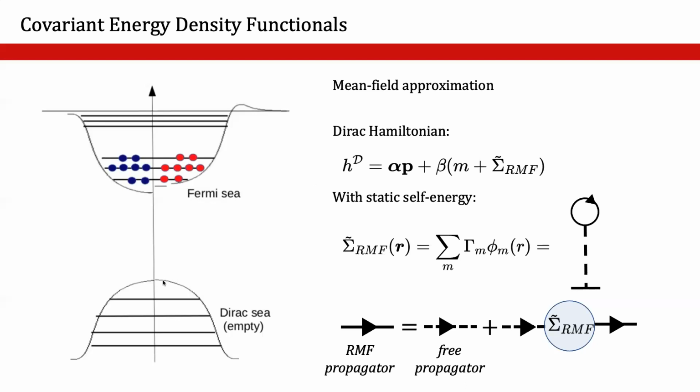We limit our single particles to positive energy, the so-called no-sea approximation. The Green function can be written this way, where we write the self-energy by the relativistic mean field self-energy.